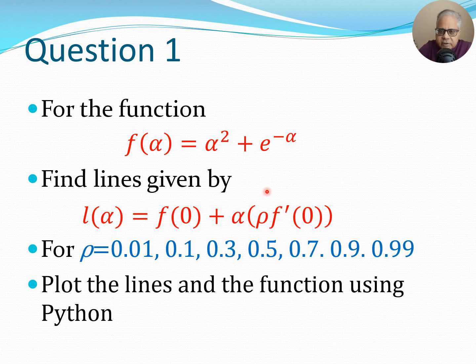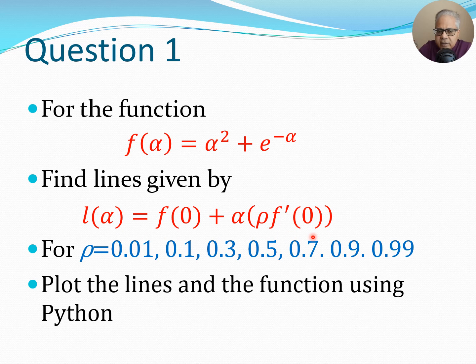Now let's start with a very simple function which we have been considering for all the one-dimensional search problems. And what we are going to do now before we begin on this search method is define this concept of these lines.